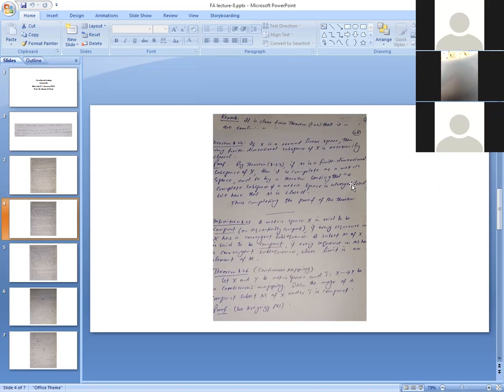We don't say anything about its limit. But for the subset, the definition is the same, but we put one condition on the limit of that convergent subsequence. If that limit also belongs to the set, then the subset is compact.